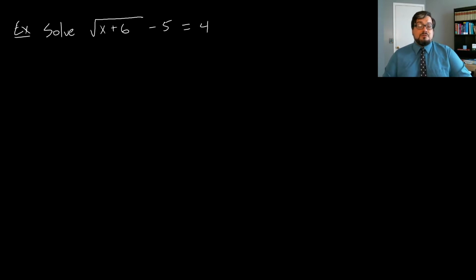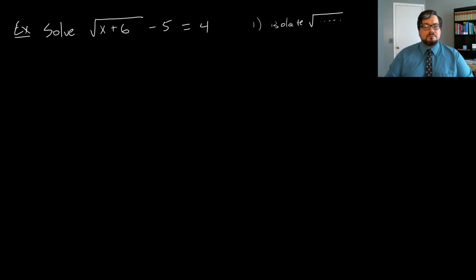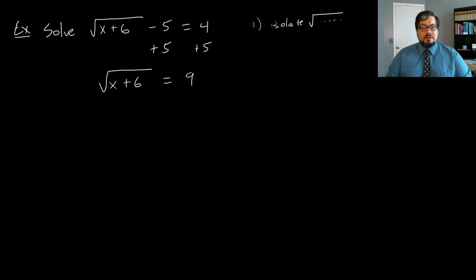So we want to find the values of x that will make this equation true. So remember that step 1, we want to isolate the square root expression. And so in this case, we'll go ahead and do that by adding 5 to both sides. Adding 5 to both sides gets the square root of x plus 6 term on the left by itself.